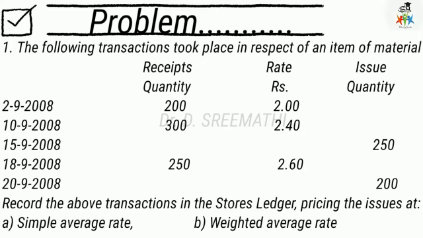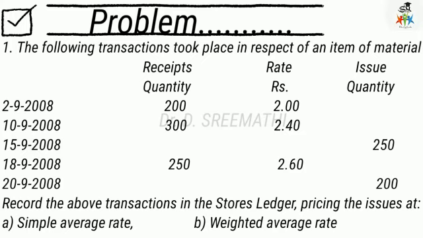On 10/9/2008, the receipt is 300 units, rate is 2 rupees 40 paise. On 15/9/2008, the issue quantity is 250 units. On 18/9/2008, 250 units received at 2 rupees 60 paise per unit. On 29/9/2008, the issue is 200 units.